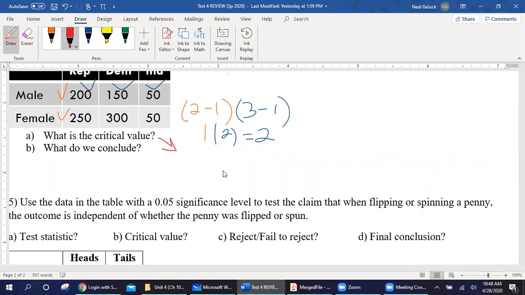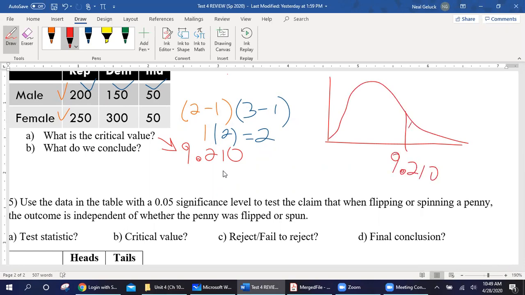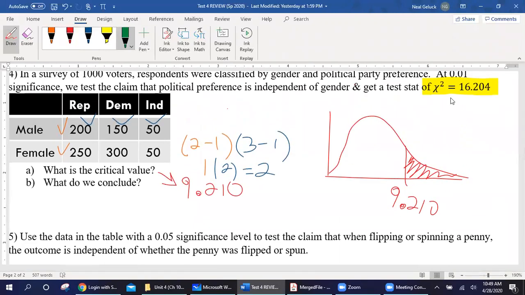So my critical value is 9.210. Think about your curve. So I'm saying anything beyond 9.210 is weird. Weird means reject. My test statistic was 16.204, so this time chi-square is over there. So this means I'm rejecting the null.